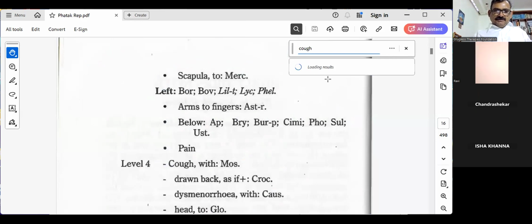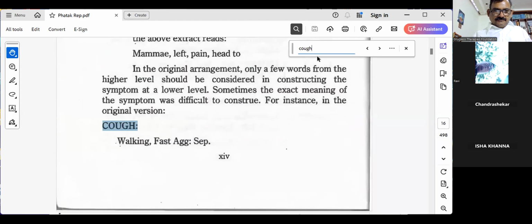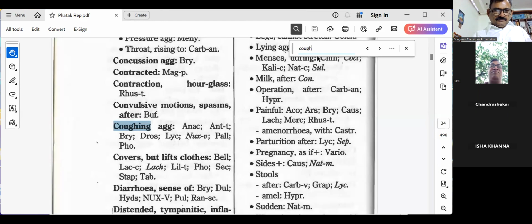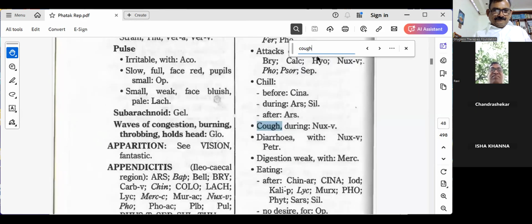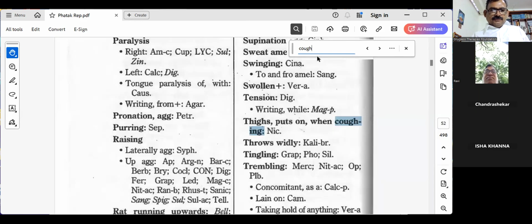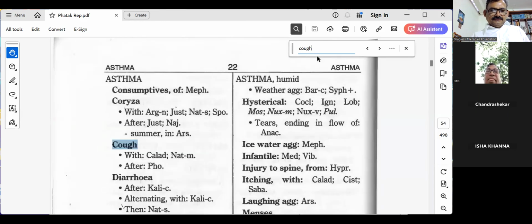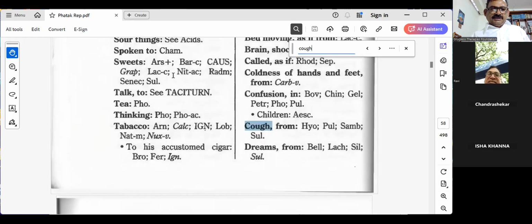Okay. So anyway, we are only going through the cough. In asthma, cough, so many things are there. If it is associated with asthma, we can think of that.